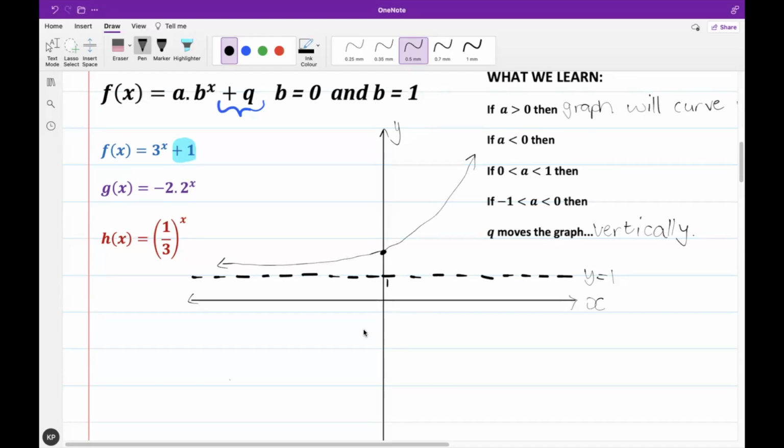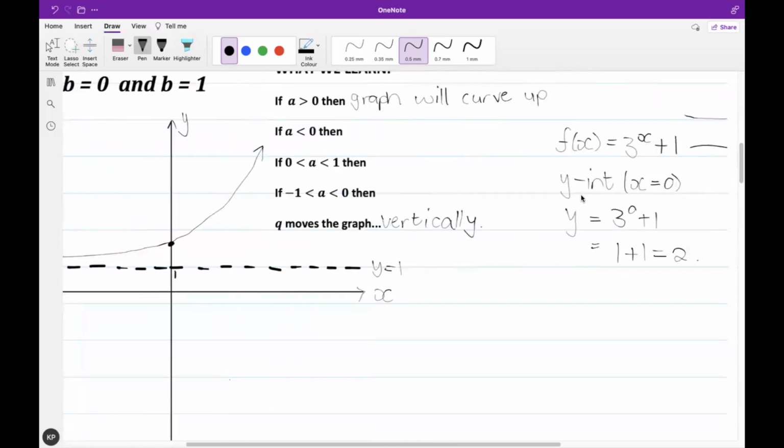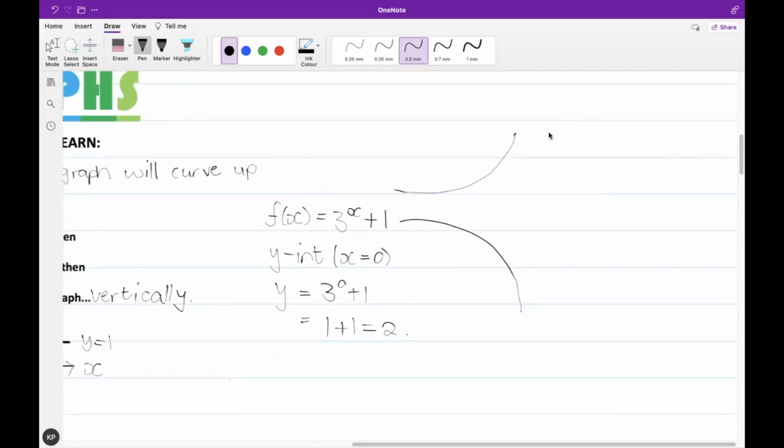Do you see that these are the easiest ones to sketch? The reason it starts escalating so much is purely the fact that it is an exponential graph. What happens when you put exponents on numbers? Look here. 2 to the power of 2 is just 4. But as soon as you say 2 to the power of 3, it has now doubled to 8. Do you see how quickly these points are increasing? 2 to the power of 4 is now 16.